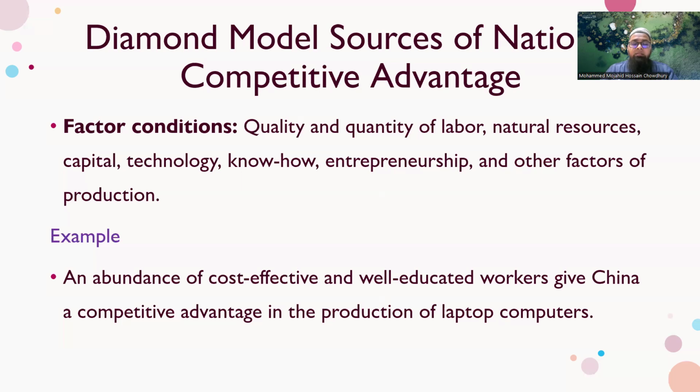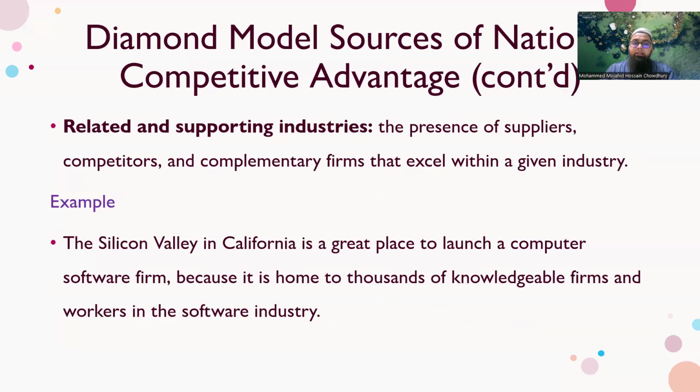For example, the abundance of cost-effective and well-educated workers gives China a competitive advantage in the production of laptop computers. So based on Michael Porter's diamond model, this is one of the factors that gave them the competitive advantage in producing the laptop.